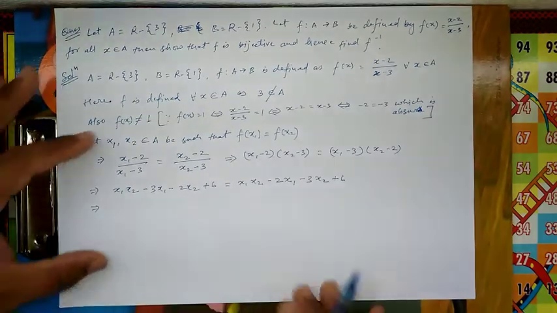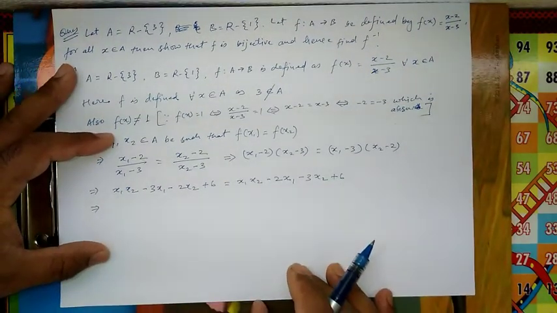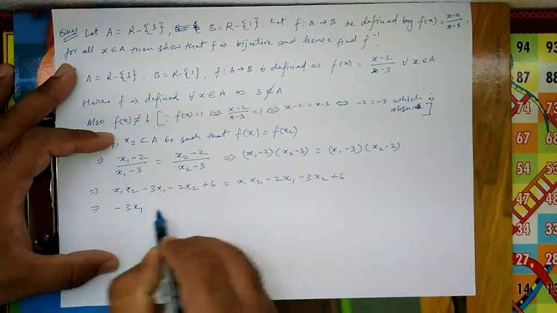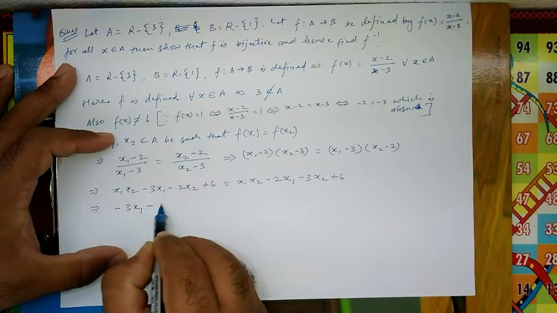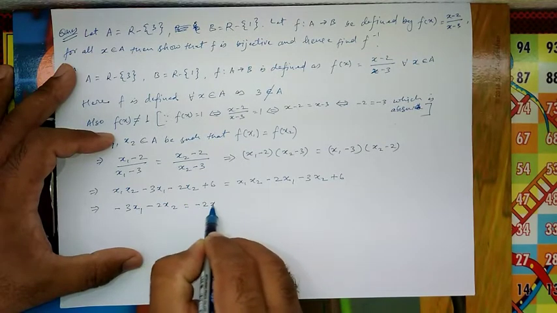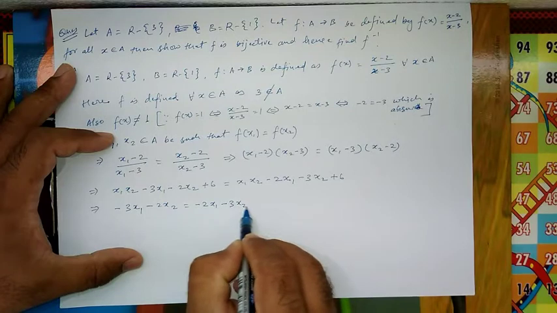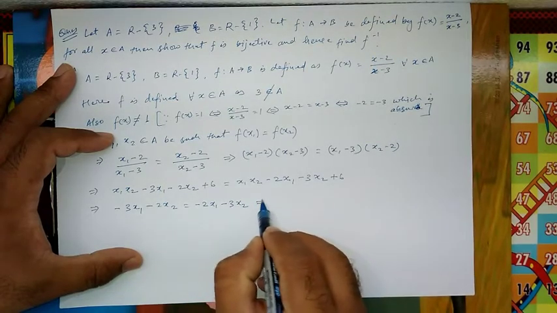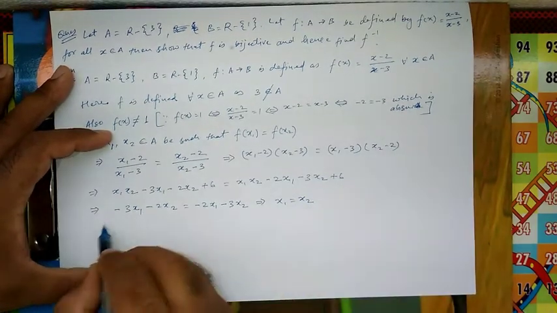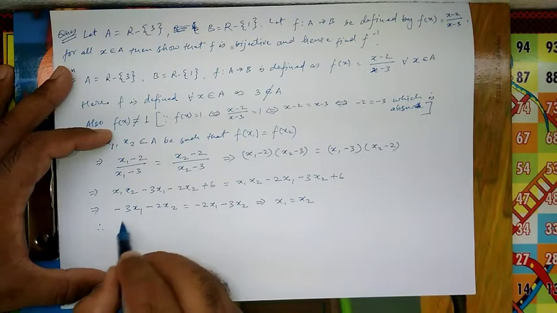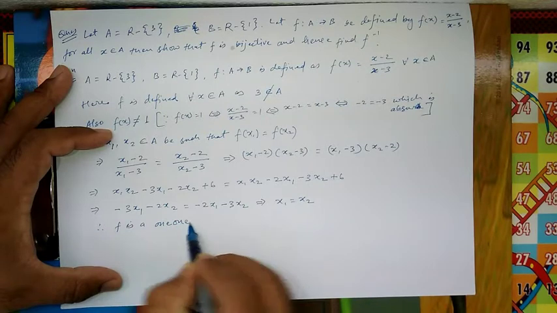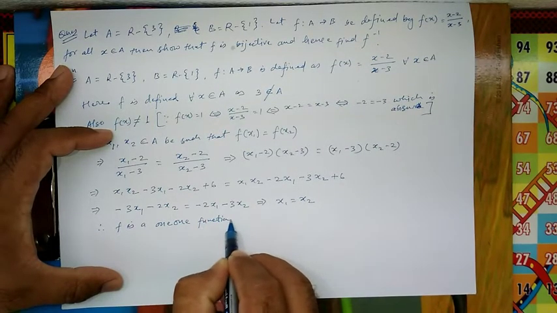That implies minus 3x1 minus 2x2 equal to minus 2x1 minus 3x2, that implies x1 equal to x2. Therefore we can say f is a one-one function.